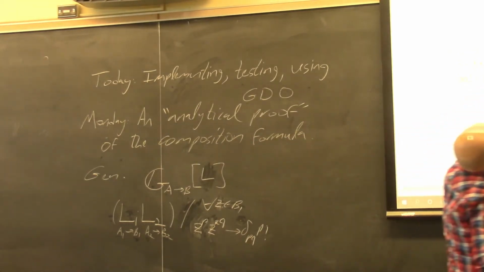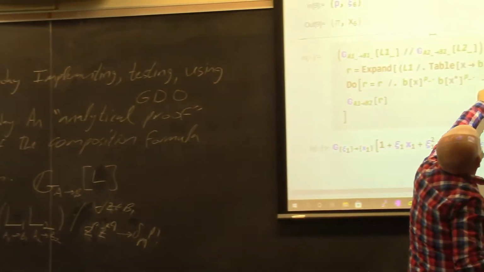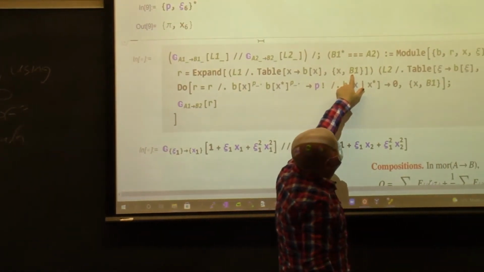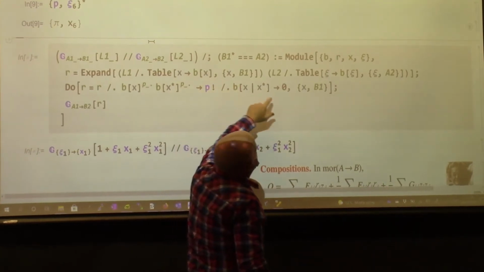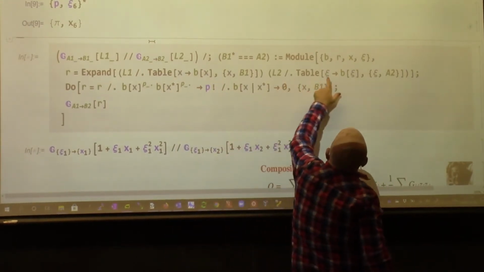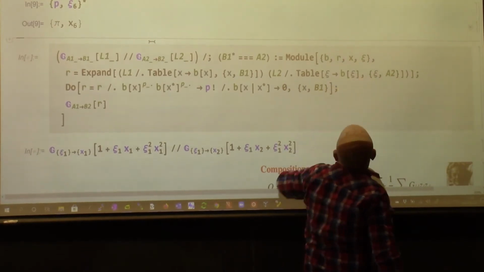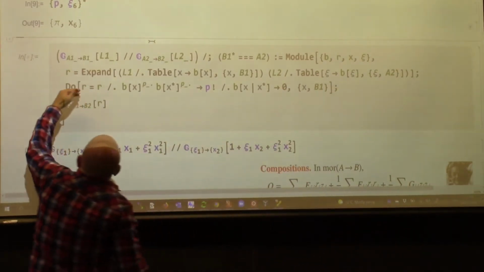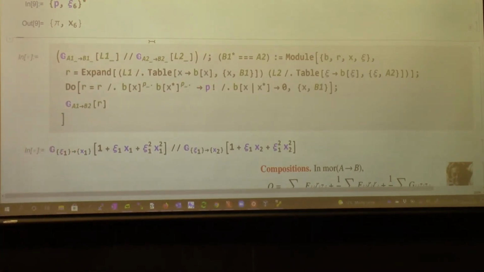So what I do is, first of all, I take L1 and I replace, for every x in B1, x by bar of x. And I take L2, and for every zeta in A2, I replace zeta by the bar of zeta. And then I iteratively go one after the other on the variables in B1.